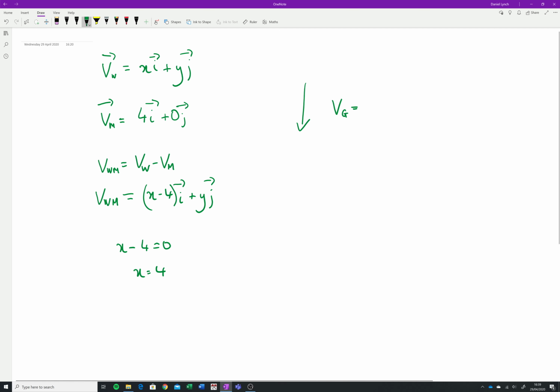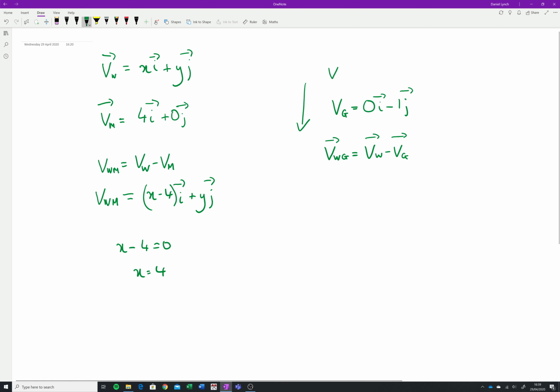So just like we had before, she's on the way south, so she's going down, no i's, just like the last time, and it's minus 1j. So the velocity of the wind relative to the girl is the velocity vector of the wind minus the velocity vector of the girl.